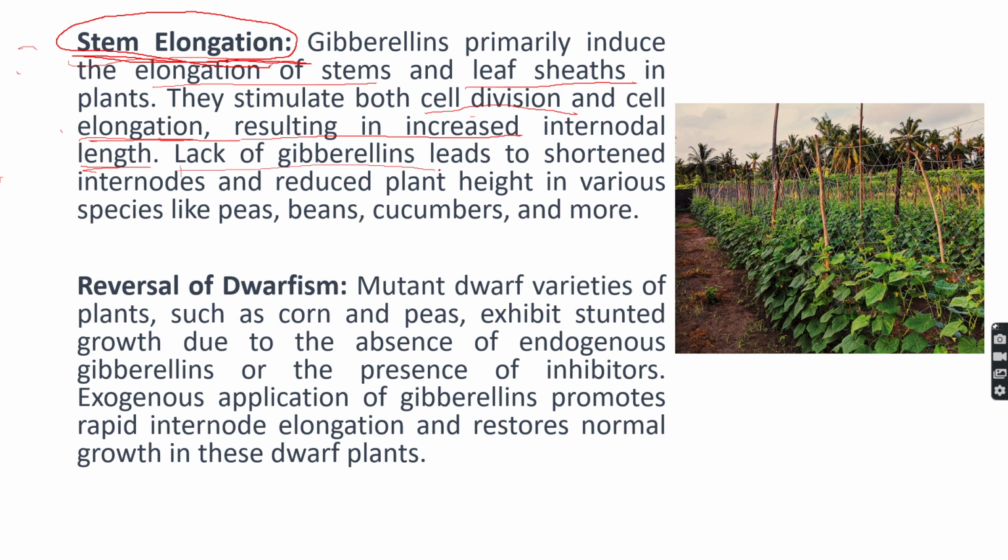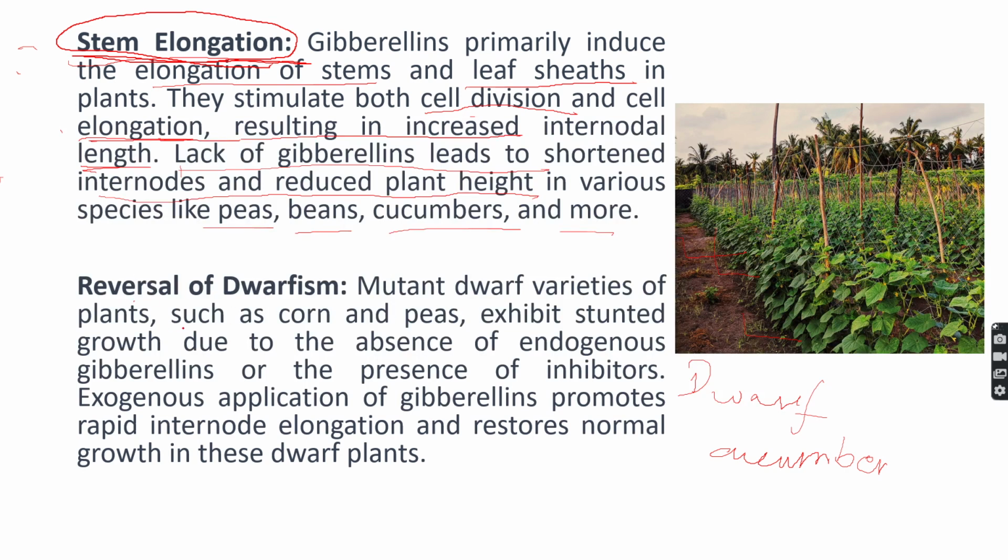So lack of gibberellin leads to shortened internodes and reduced plant height in various plants like peas, beans, cucumber and more. In this field we can see dwarf cucumber has been cultivated.